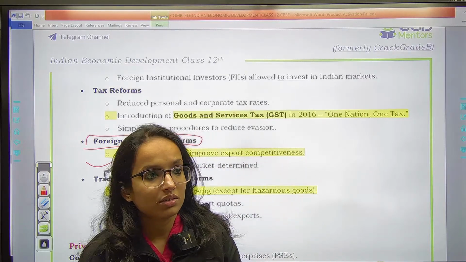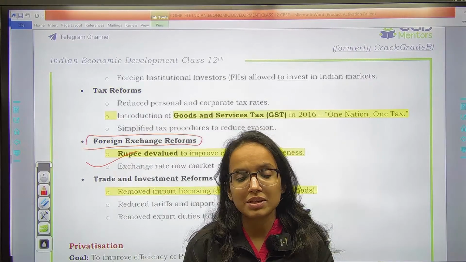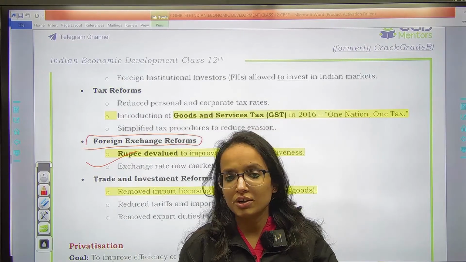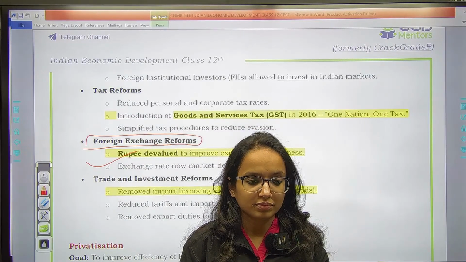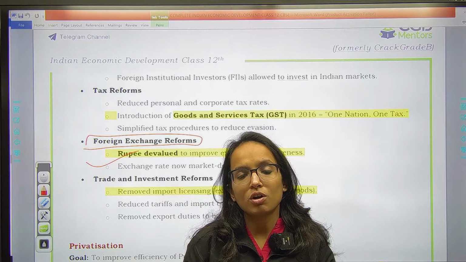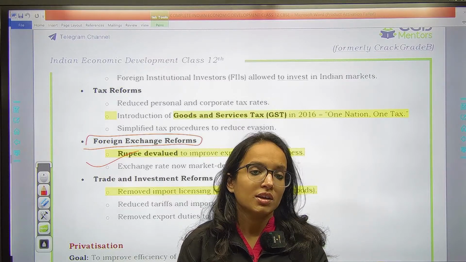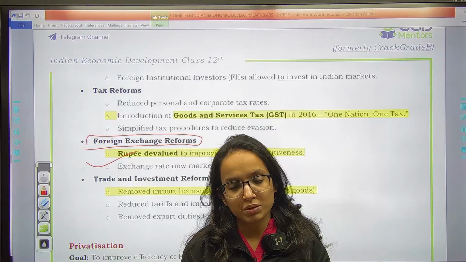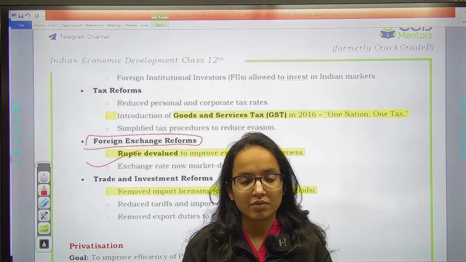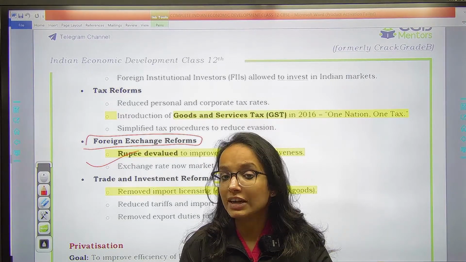Because when your currency is devalued, for example, suppose earlier $1 was equal to say 70 rupees. Now $1 is equal to 80 rupees, right?